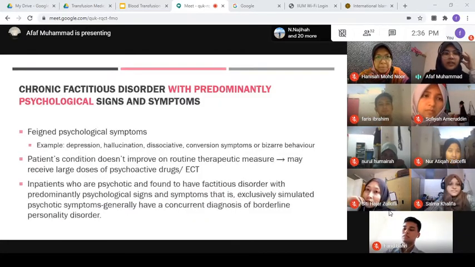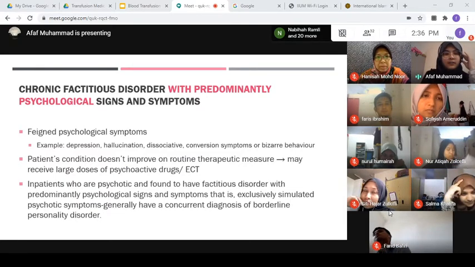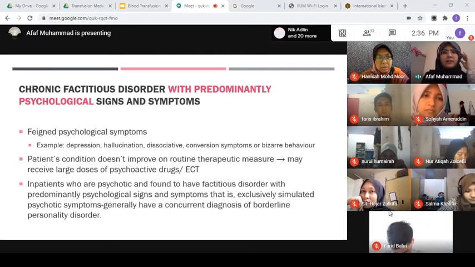Okay, and then this one is for predominantly psychological symptoms. So this one is more chronic, in that they pretend that they have a psychological symptom, for example, low mood and all the features of depression, or psychotic symptoms. What can point to that is that they have had several medications and none of it works on the patient. The patient is on multiple drugs at the same time, and even ECT doesn't give any improvement.